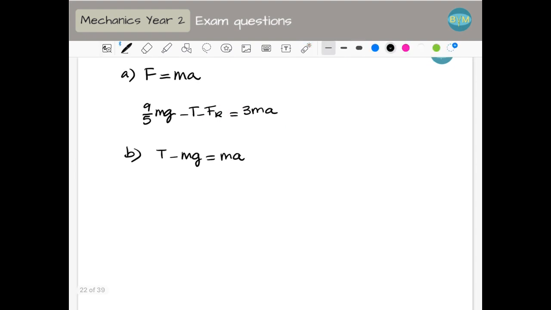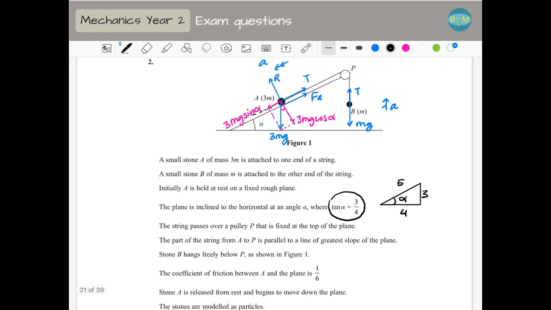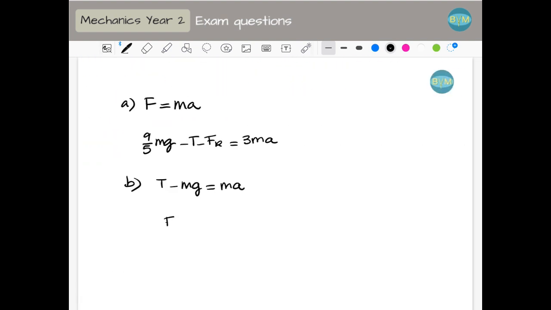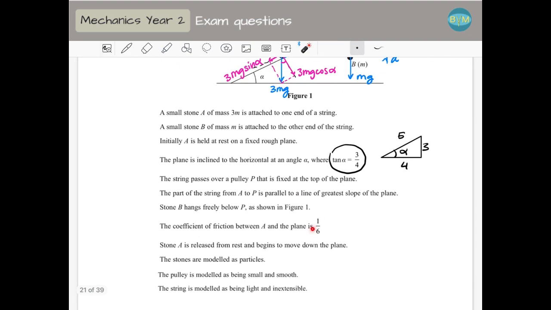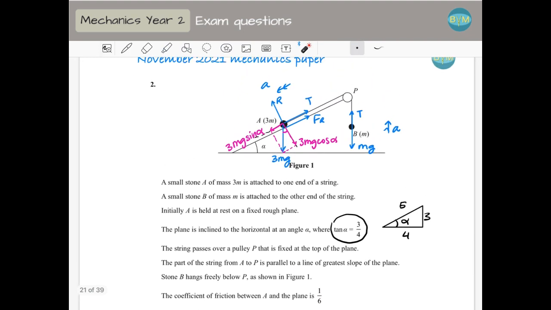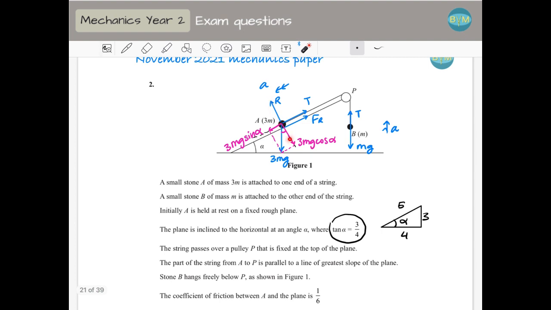They say it's moving. So if it's moving, friction is going to be maximum. So this is going to be mu times the normal reaction, right? Mu is given, they tell us it is 1/6. So if I find the normal reaction, I will have the friction.